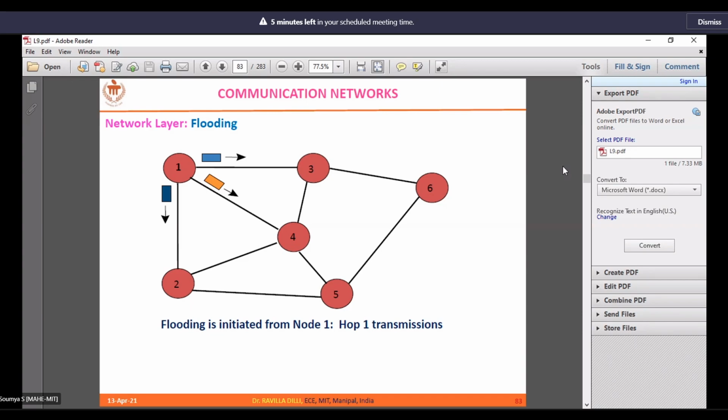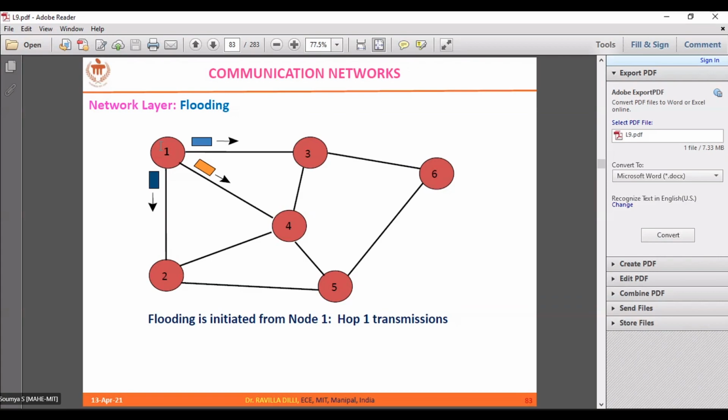It's very simple to understand. Flooding is wherein you flood the network with pieces of information, or chunks of data or packets. So how would you do it?